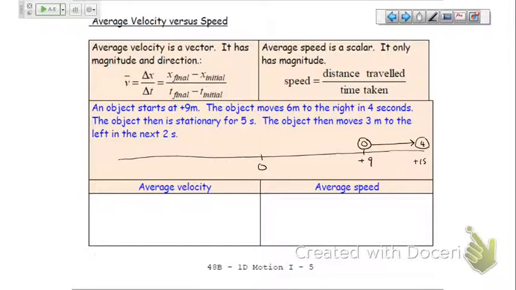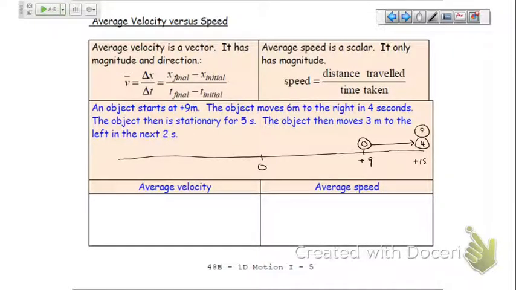And sometimes I'll tell you an object starts at +9 meters at t equals 3 seconds. And I'm trying to find out, do you know to take the final time from the initial time, or are you always going to take things away from 0? So be careful about that. And then the object is then stationary for 5 seconds.